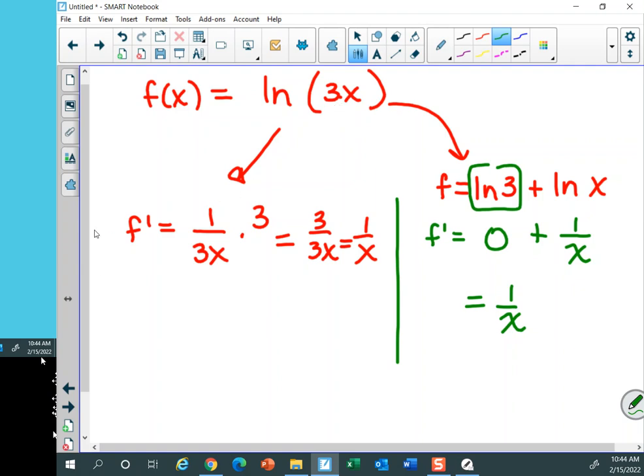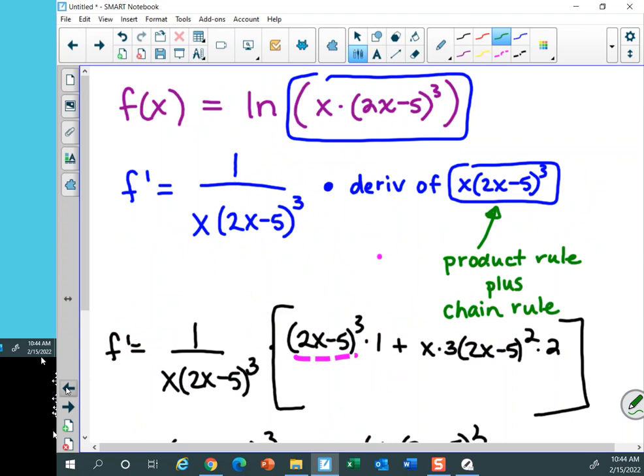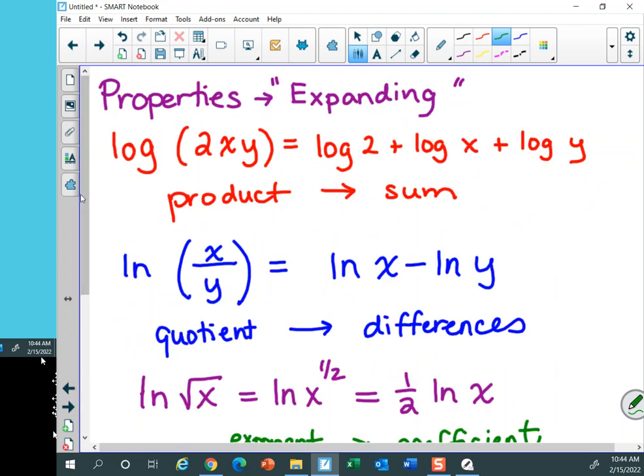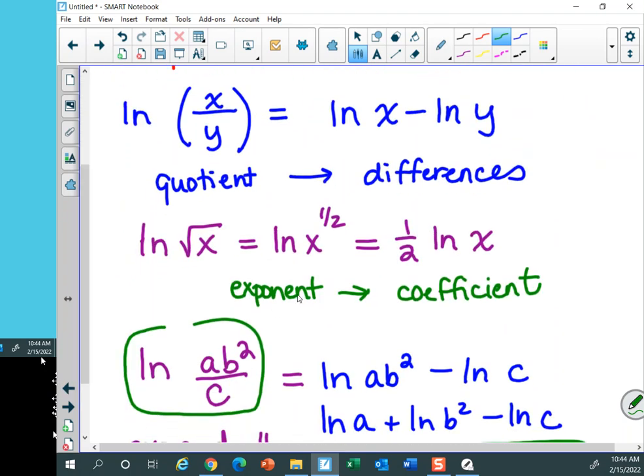The thing that I really like to use a property on is the ones with the powers. Anything where you have something here and it's also raised to a power, that's a good indicator of maybe we would like to use the property. Put that power down in the front and then take that derivative. The property where the exponent becomes a coefficient.